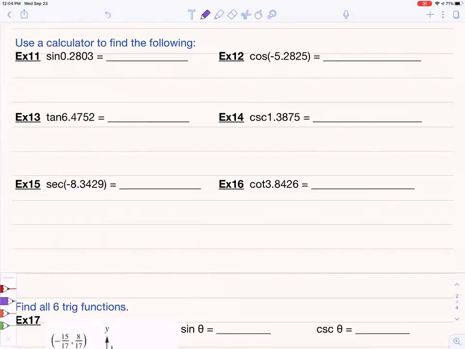You can fit all three on your screen. So compare your calculator screen with somebody close to you.